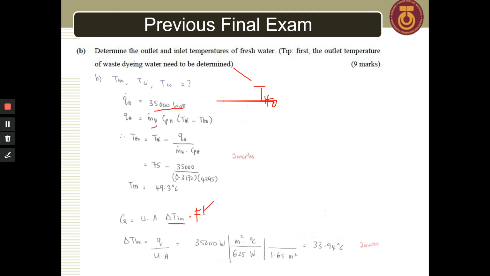So this value is 1. The overall coefficient is given, the area is also given. So we get the delta T log mean as 33.9. Because Q, U, and A are known, we can get the delta T log mean here.